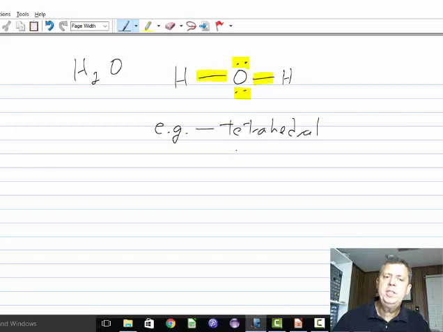And what this tells us is the angle between all these groups is going to be 109.5 degrees. And that's very critical because if we want to say what is the molecular shape, the molecular geometry, we only look at the atoms in this molecule. But even though this is drawn where it looks like it's a linear molecule, the molecular geometry is going to be bent.